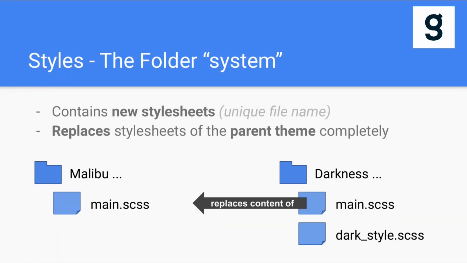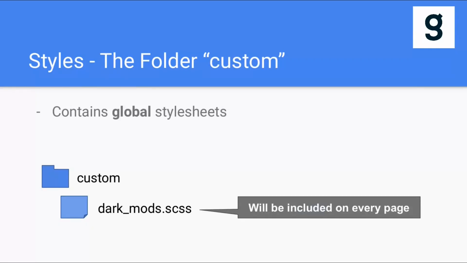But if you create a new style sheet file with the same file name as one style sheet file of the parent theme, then it replaces entirely the content. This is the same as in HTML. The custom folder has a different mechanism. Every stylesheet file that is placed into the custom folder will be included on every page.